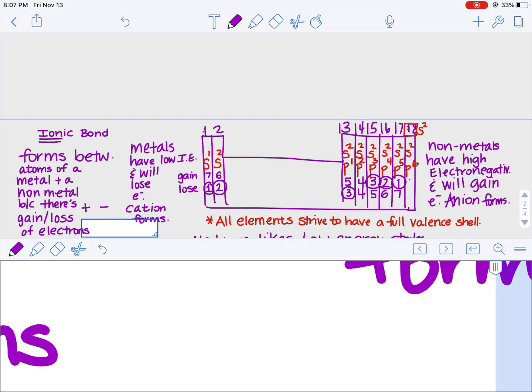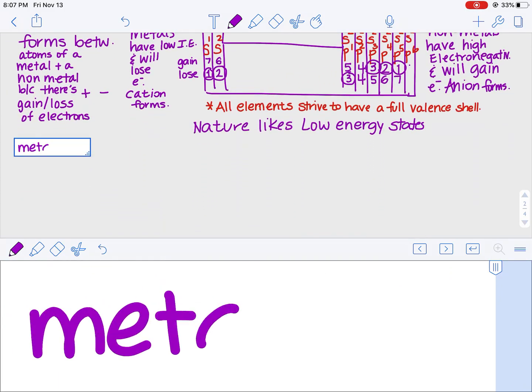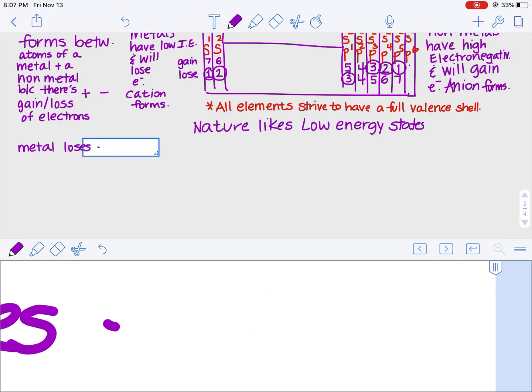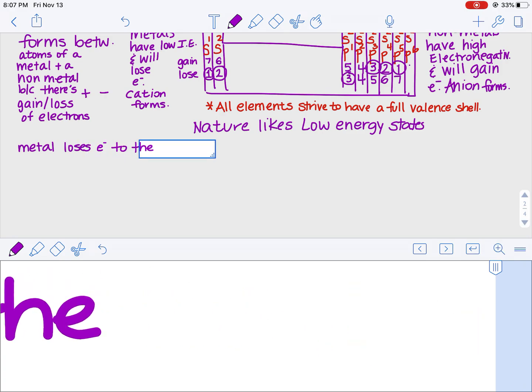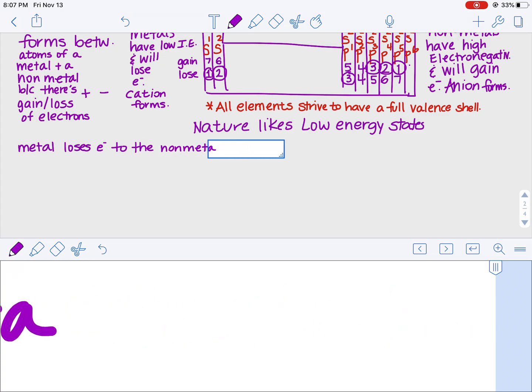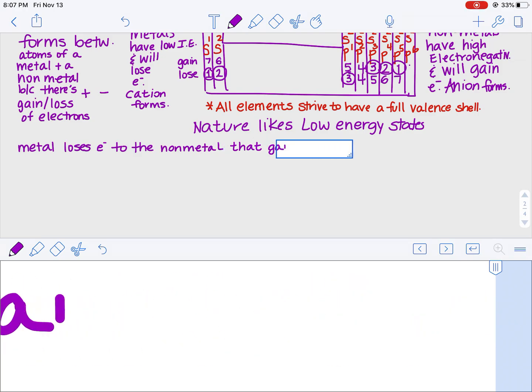Repeating that, an ionic bond forms between atoms of a metal and a nonmetal because there's a gain/loss of electrons. The metal loses electrons to the nonmetal that gains them.